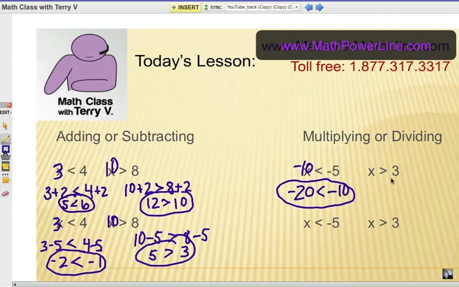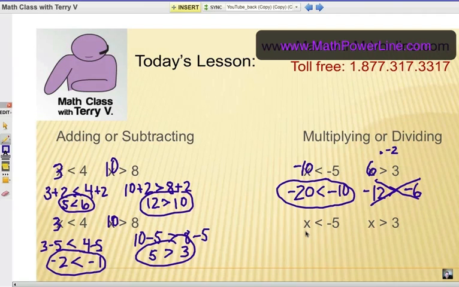Let's multiply by a negative number. Well, let's say 6 is greater than 3. We know that's true. Let's go ahead and multiply by a negative 2. So times negative 2 here. All right, well, 6 times negative 2 is negative 12. And 3 times negative 2 is negative 6. Is negative 12 still greater than negative 6? That is not true. Now it's a false statement. So something about multiplying by a negative here.